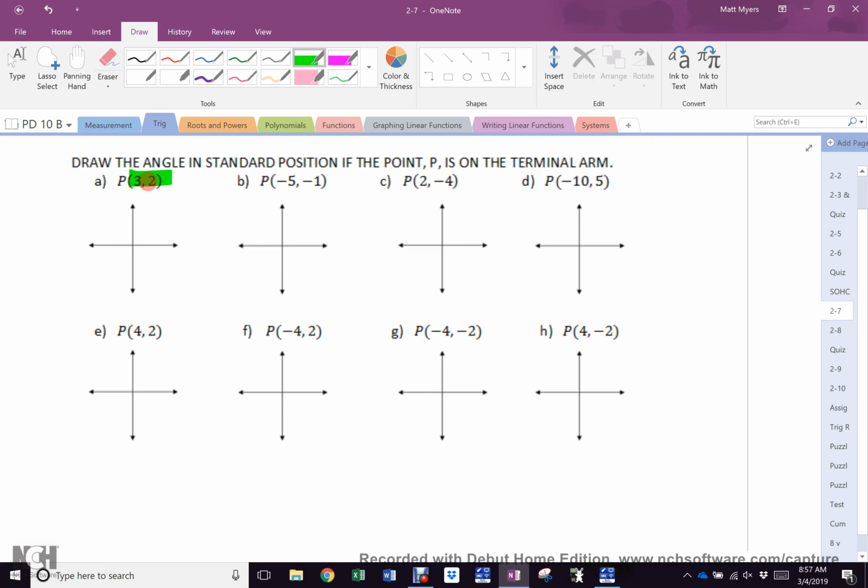I appear to have asked a confusing question. Henry? Yeah, it goes through quadrant 1. So if it's a terminal arm, it must start here, and it must go through that point, which is out 1, 2, 3, and up 1, 2. Go.